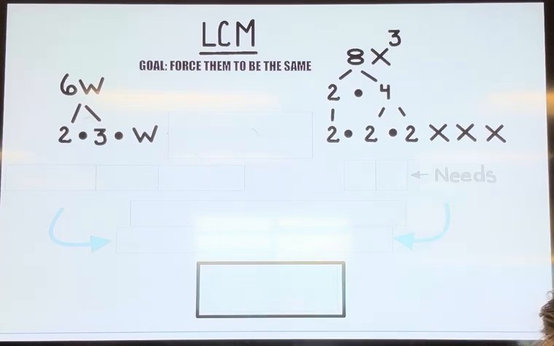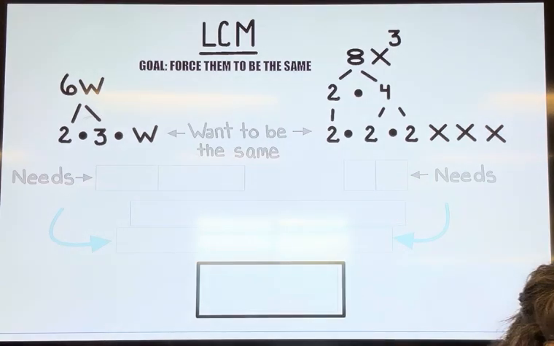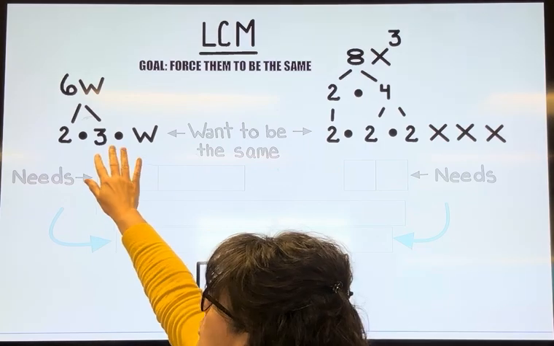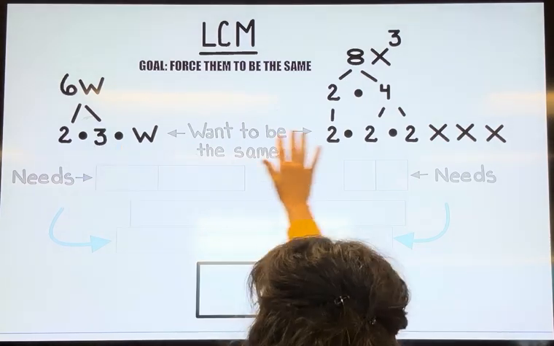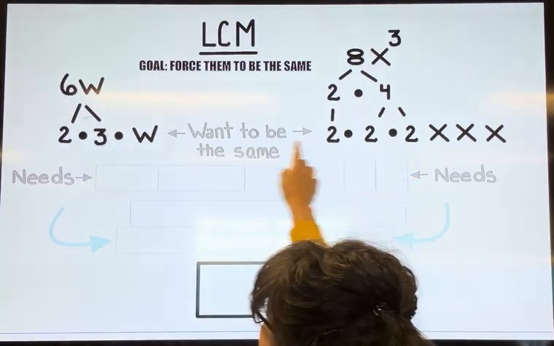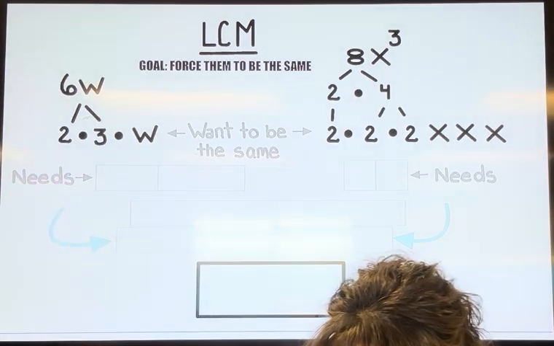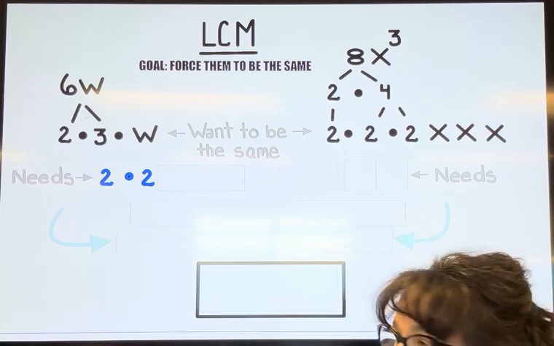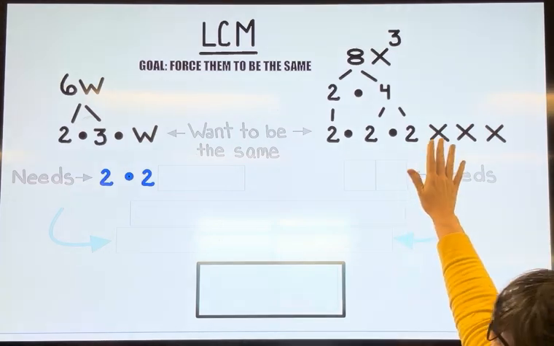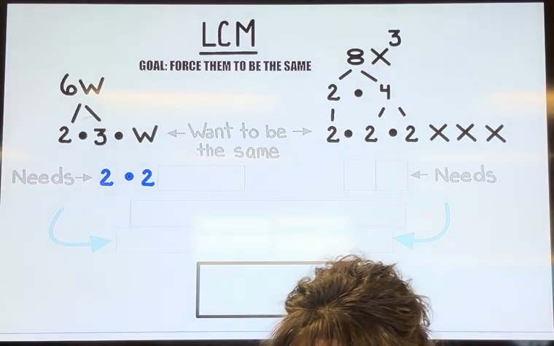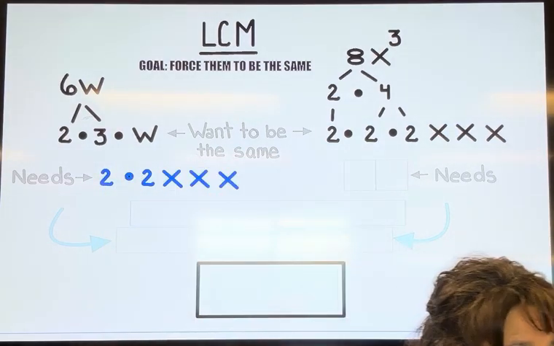I want to make these the same. So what does this one need? Well, that one has three 2's, and this one only has one 2. So it needs an extra couple of 2's. This one has x, x, x, and this one doesn't have any x's, so it needs all those x's.